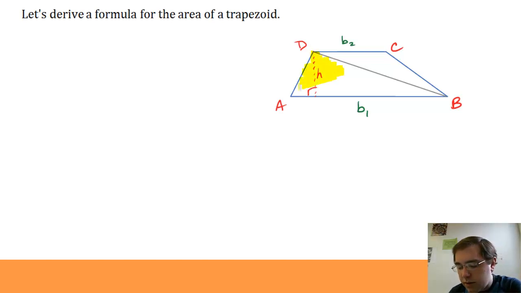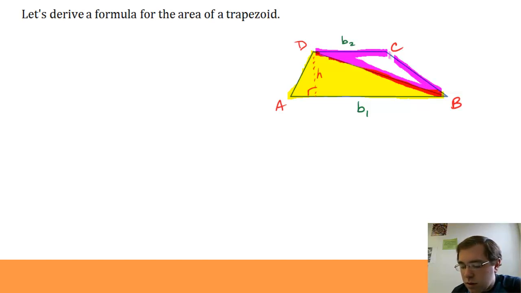This one I'll color in yellow. And then this one I'll color in pink. These two triangles are non-overlapping. So by the area addition postulate, I can add them together and get the area of the whole thing.